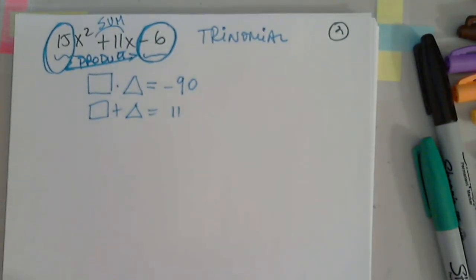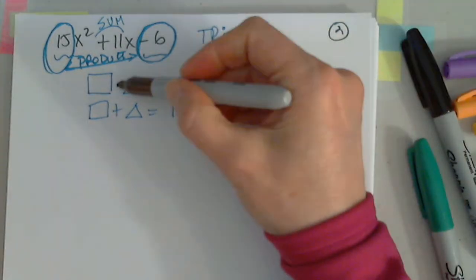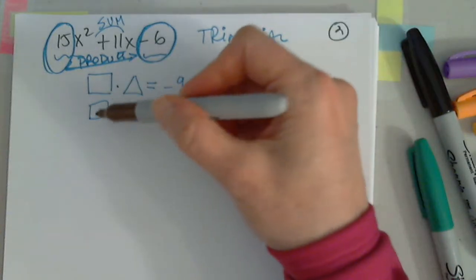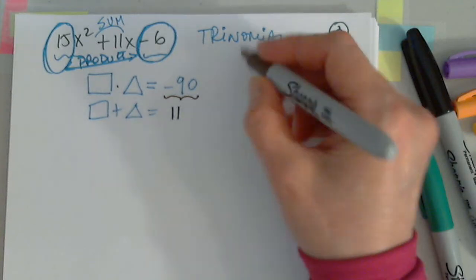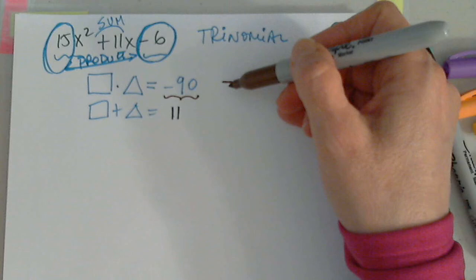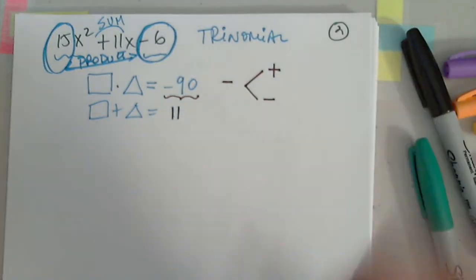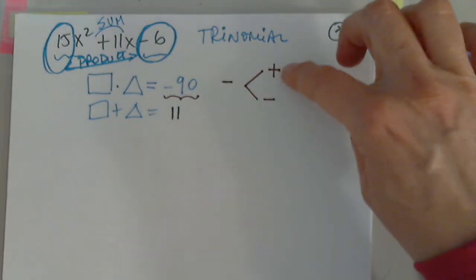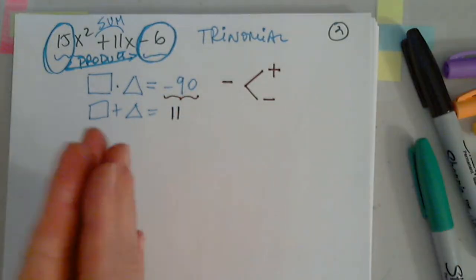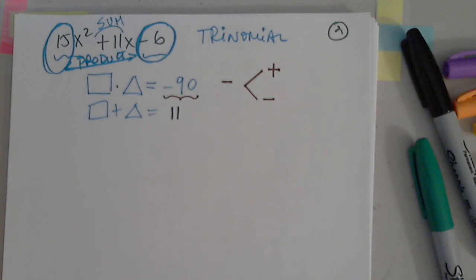So now the question is, can I find two numbers whose product is negative 90 and whose sum is 11? Remember, we start from here. When I multiply two numbers to get a negative number, it is mandatory to find a positive and a negative. So can anyone give us a positive and a negative number whose product is negative 90 and whose sum is 11?